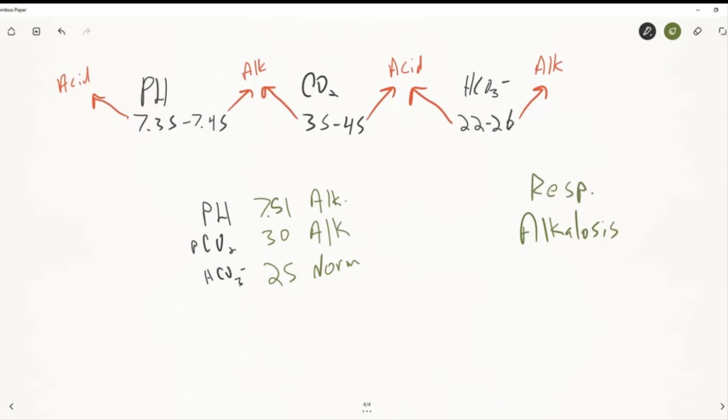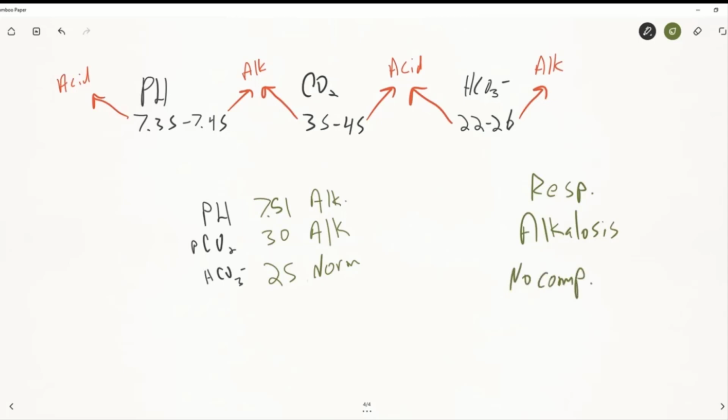What kind of things cause PCO2 to be low? Something like hyperventilation can cause respiratory alkalosis. And the final thing that we will do is look to see which one does not match the pH. In this case, bicarbonate. It says normal. When we see that it says normal, that tells us that there is no compensation occurring yet.